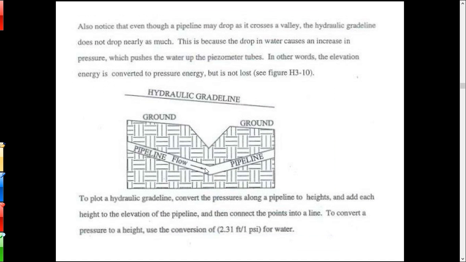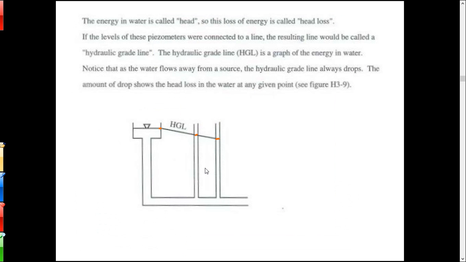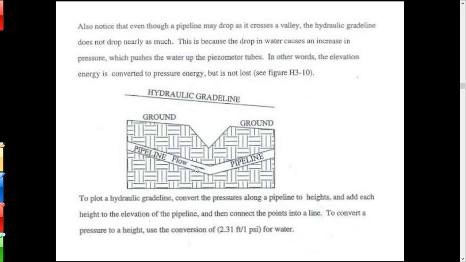Now, being as we're looking at total energy by plotting up these piezometer elevations, what's going to happen is if the pipe bows down, let's say to cross some ditch here or something, the pressure is going to go up. Even though the water is dropping elevation, the corresponding pressure will rise as the water drops. The result is the hydraulic grade line won't dip like the pipe does.